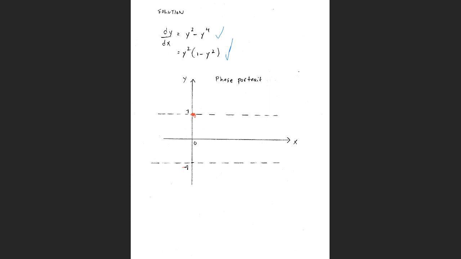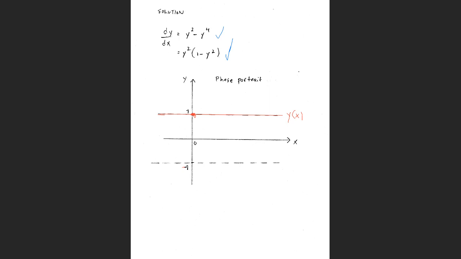And so that means that the solution passing through 0, 1 would have to be a flat solution. In other words, this is the solution, y of x, to the differential equation that passes through the point 0, 1.